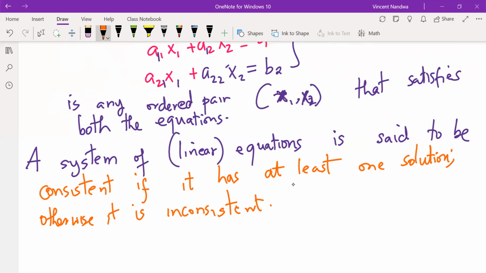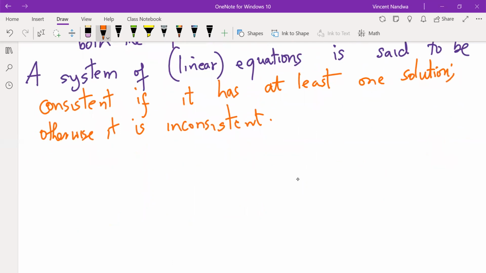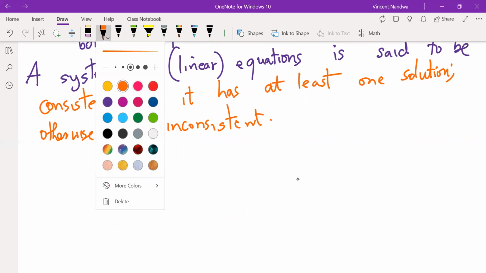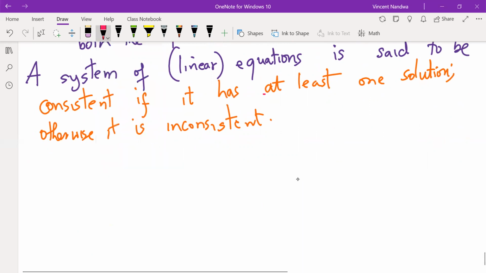Now we can illustrate the concept of a system having exactly one solution, infinitely many solutions, or no solution by using a set of equations in two unknowns.